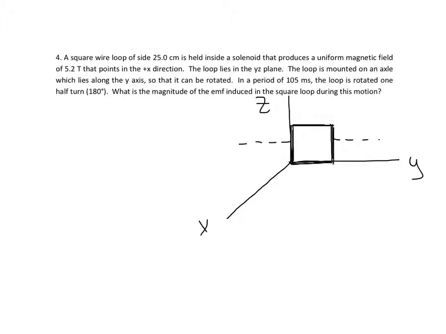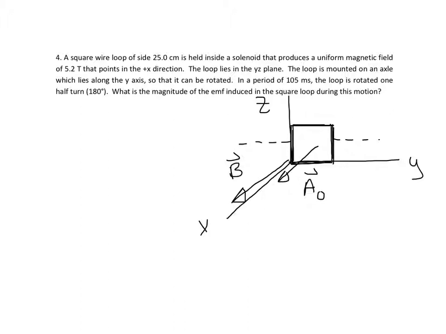So the magnetic field, we see, points along the plus x direction. For this problem, let's define an area vector, which also points initially along the x-axis.